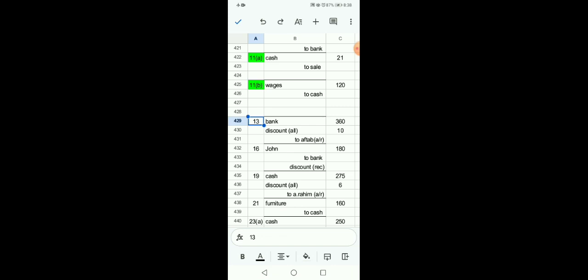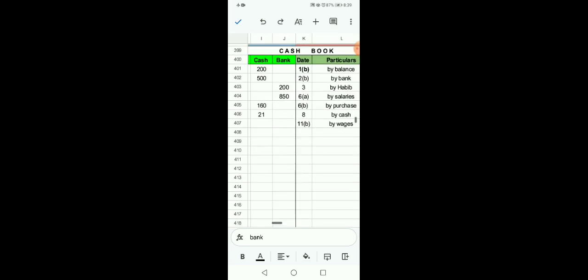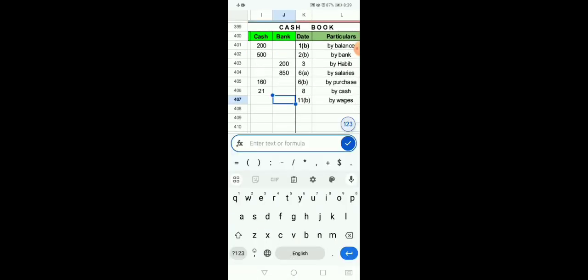Next entry is entry number 13. In 13, we have three elements, but two elements are related with the cash book, which are bank and discount. So we will post them step by step. First step is to see bank, which is debited 360. Go to the debit side of the bank and write down 360 over the bank column.